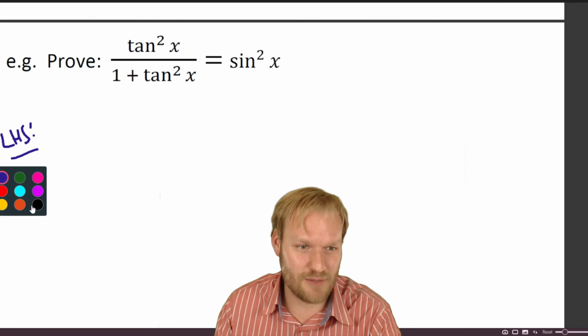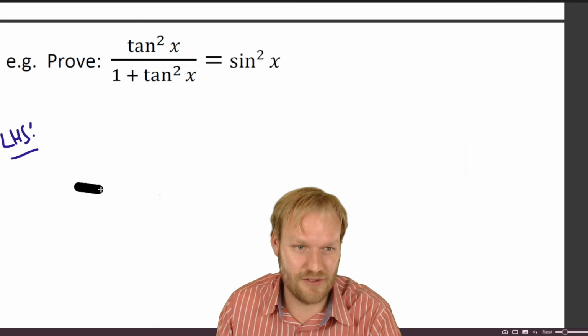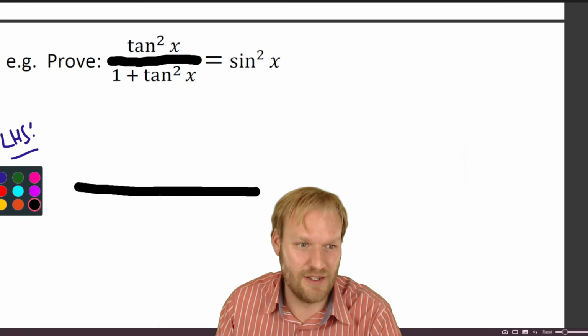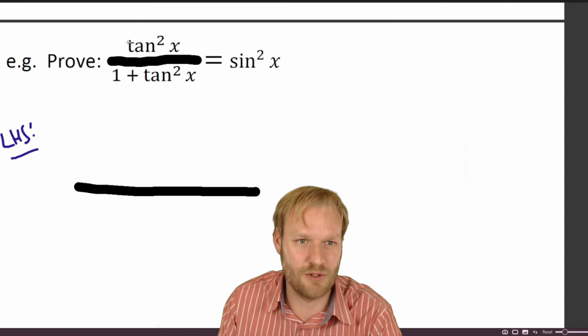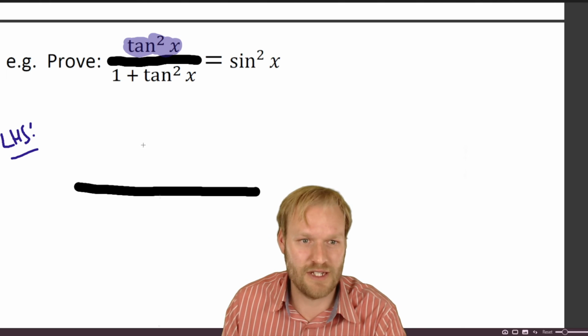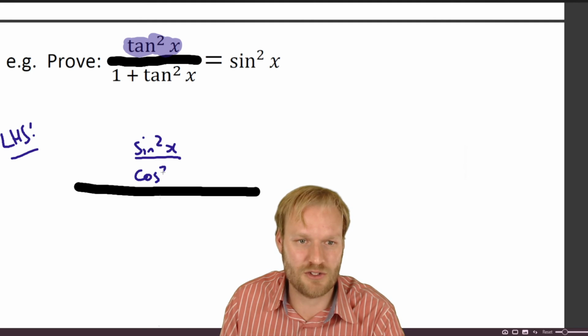Now you're going to have one of these multi-level fractions before you know it. So we're going to have our fraction line, that's that big one over there. I just want to make it clear what we're working with here. This blue part we're going to put on top, so that's going to be sine squared x over cos squared x.